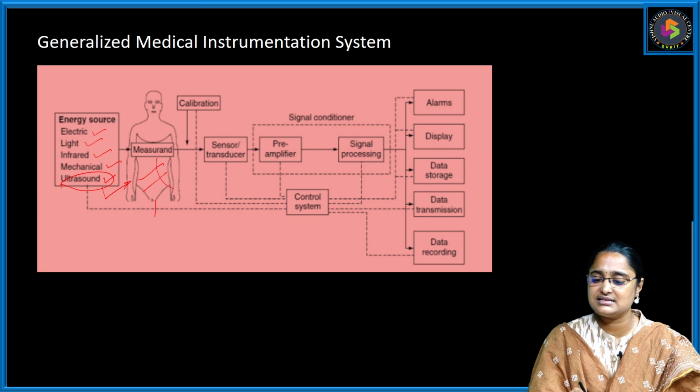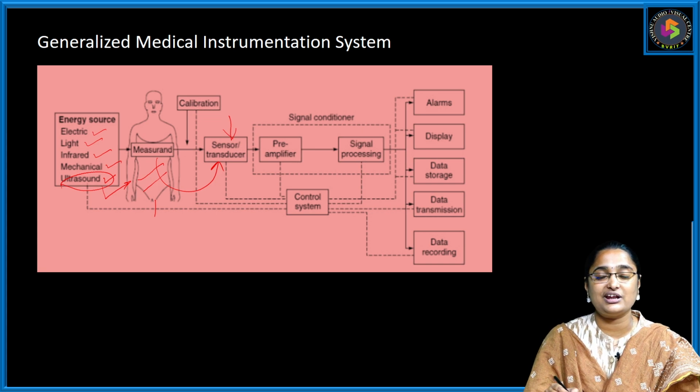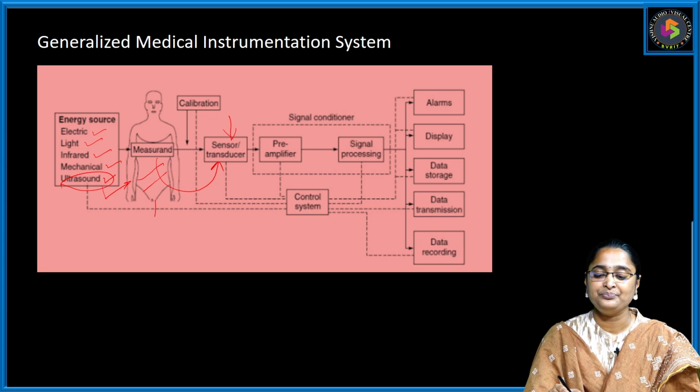Then the signal is picked up by the sensor or the transducer. This is where we are concentrating today. A sensor is used to convert one form of energy to an electrical signal, whereas a transducer can convert one form of energy to another form of energy.